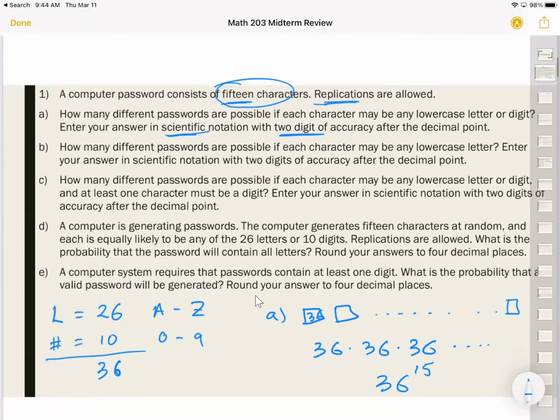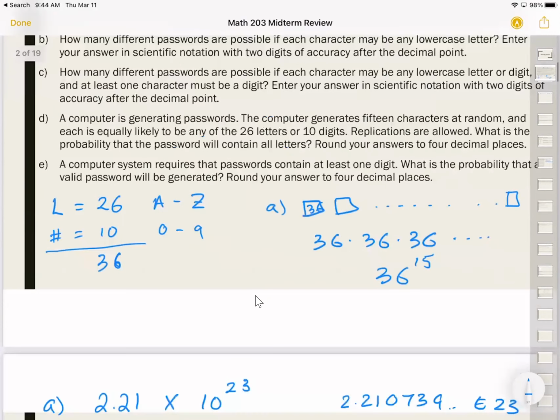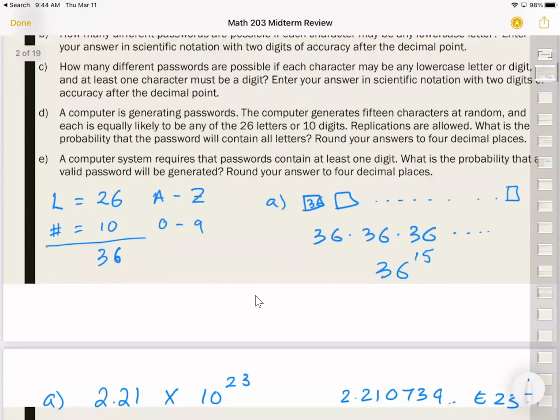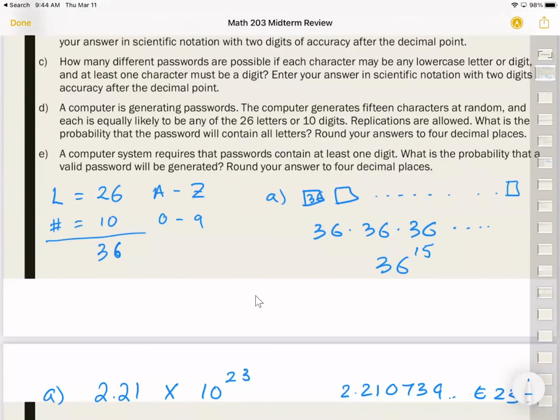It is 2.21 times 10 to the 23rd, which, as I mentioned to you guys, basically means there are 23 zeros after these digits. That's a lot. Last time in class, I think we just had trillions because there were only 9 characters.